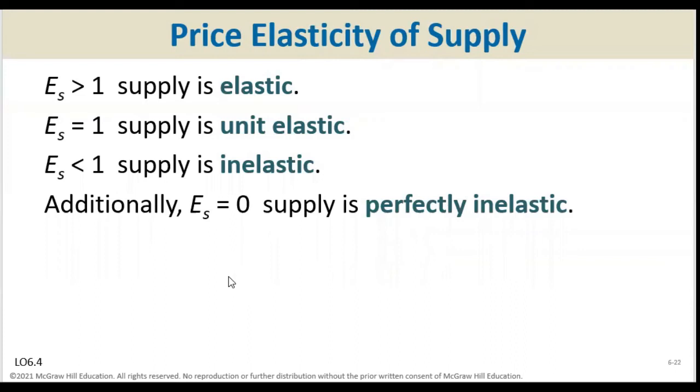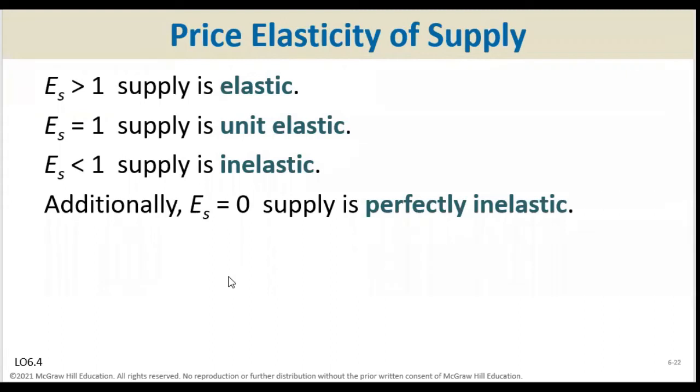And the interpretation of the coefficient is the same as the price elasticity of demand coefficient. If the price elasticity of supply coefficient, ES, is greater than 1, you conclude that the supply is elastic.